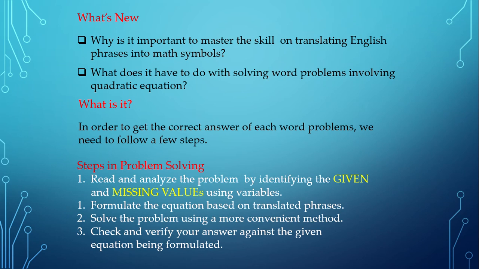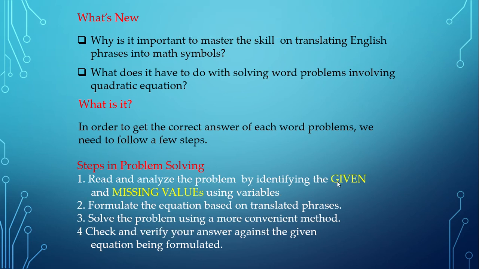The steps in problem solving are the following. Number one, we need to read and analyze the problem by identifying the given and missing values using variables. Number two, we need to formulate the equation based on translated phrases.